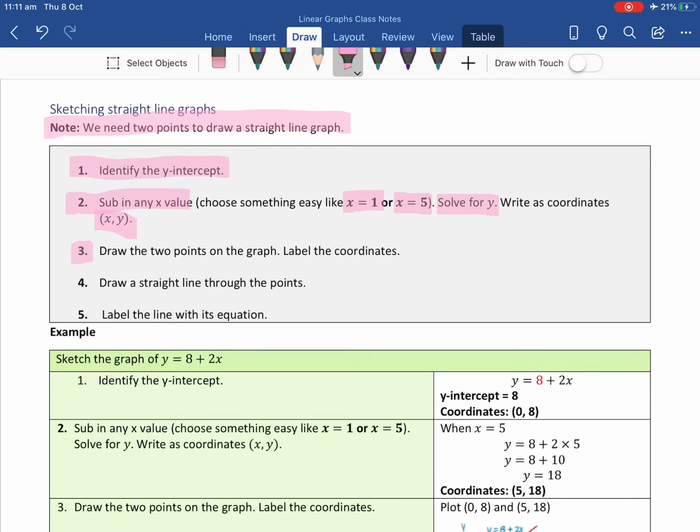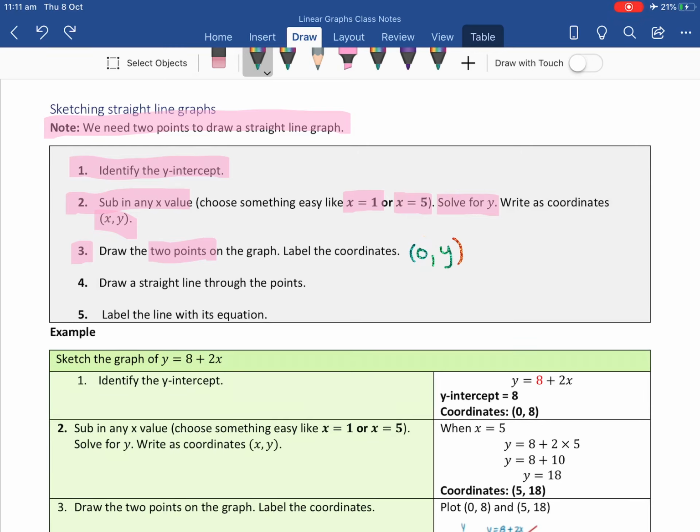Number 3 says draw the 2 points on the graph, label the coordinates. So at this point you do have 2 points. Your first point is your y-intercept. This is your y-intercept because for a y-intercept, x always equals 0. That's why I know that that's going to be 0.